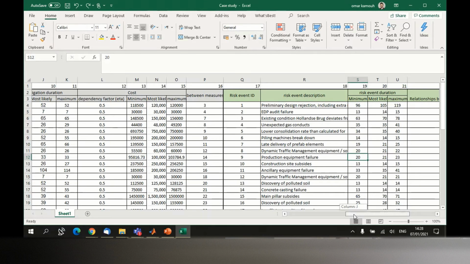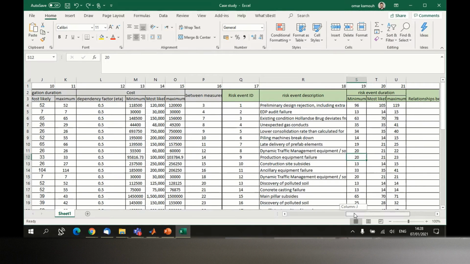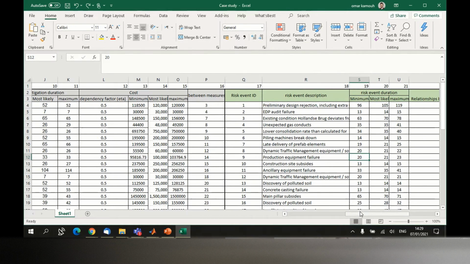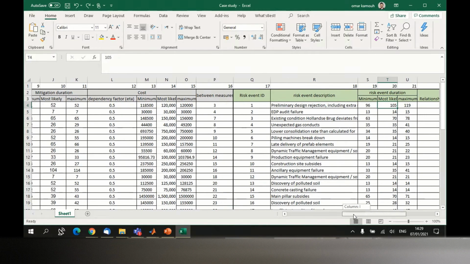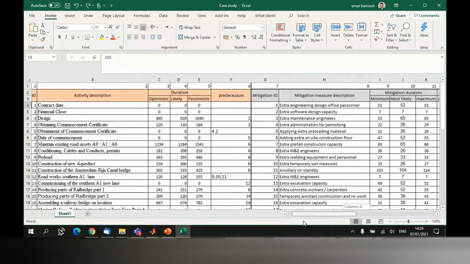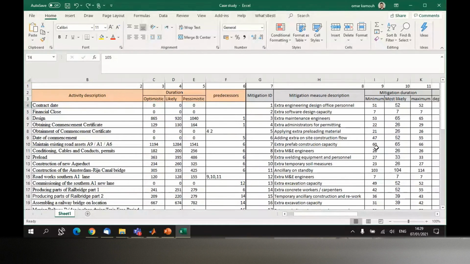I don't really remember it, but if we put too much event duration, like 1000 in this kind of example, or when the mitigation duration is 1000, although the activity duration itself is less than 1000, it could be a problem, right?